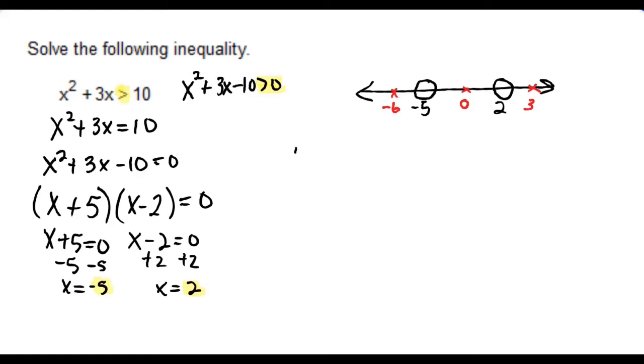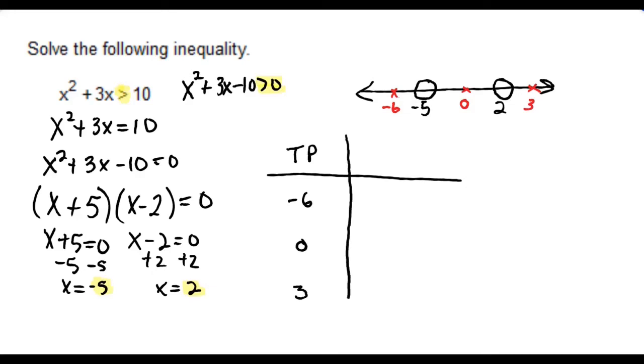So I'm going to take those test points of negative 6, 0, and 3, and we're going to substitute them into the expression x squared plus 3x minus 10. And what we're looking for is whether the expression comes out to be positive or negative, because positive or negative is going to tell us whether it's greater than 0 or less than 0.